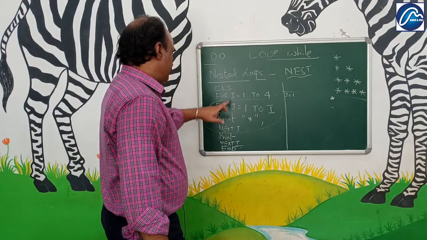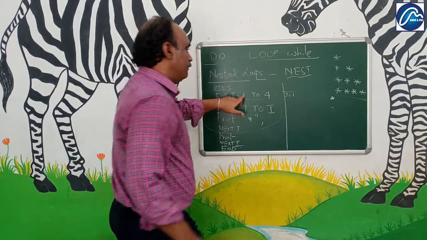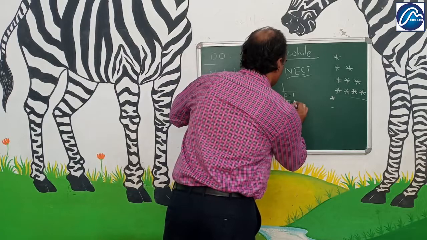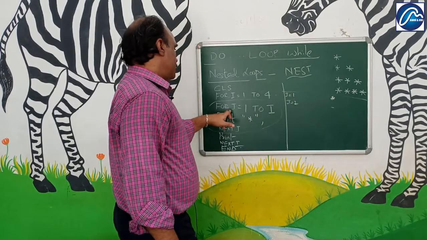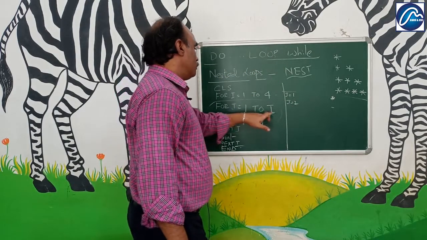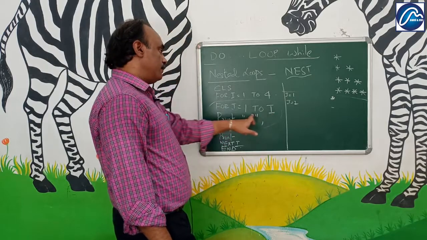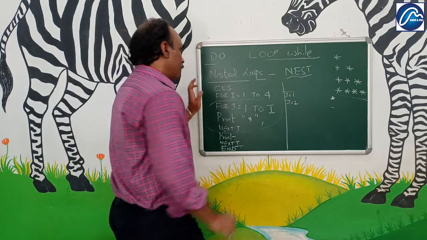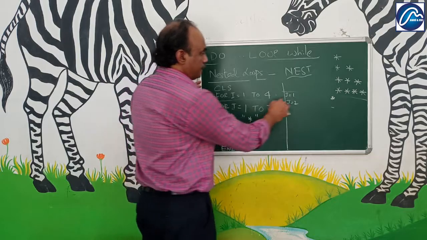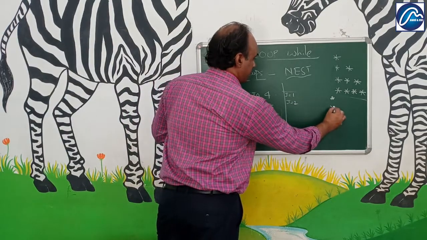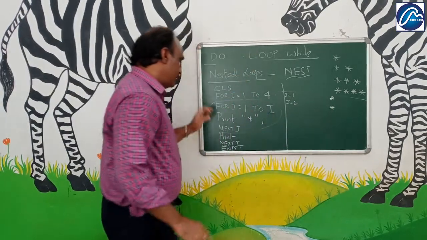Go to next I. What is the value of I? I will be equal to 2. For J = 1 to 2. J will be 1 to 2. What is in the next line? The cursor is there. I am printing it. Okay.